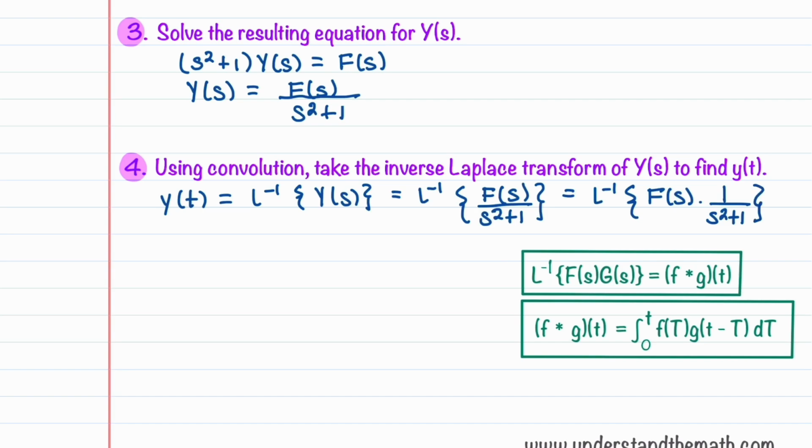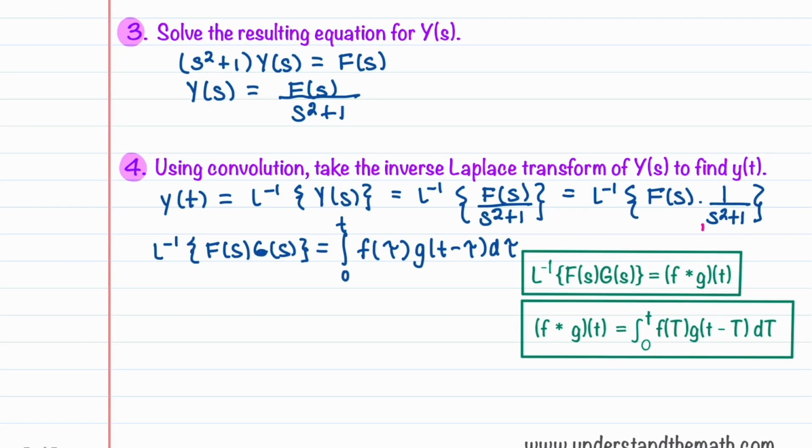Convolution tells us that the inverse Laplace transform of the product of two functions, capital F of s times capital G of s, is the integral from 0 to t, f of tau, tau's just our dummy variable, times g of t minus tau d tau.